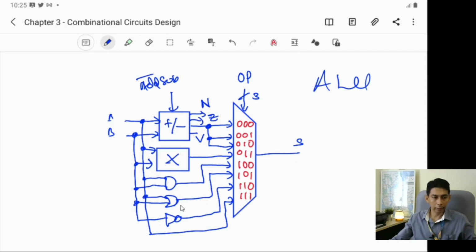And we learned how to manipulate the logic also: AND, OR, XOR, NOT, or whatever gate. So combined together with the multiplexer, we can have an ALU, arithmetic logic unit, which is a very important circuit in a microprocessor, or in other words, in your computer, right?